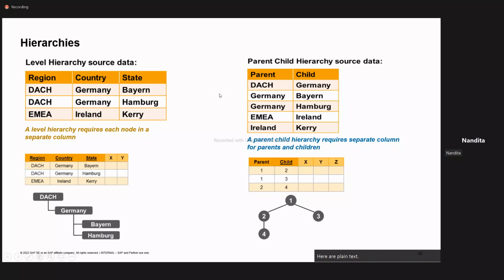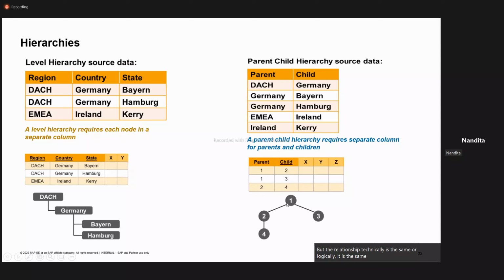The same data set, if defined as a parent-child hierarchy, will only have two columns, parent and child. And here, the country, state, and region are defined as the parent and child of each other. When we define this kind of hierarchy, we usually do it using some key values. So you can see that 1, 2, 3, such numbers are mentioned, but the relationship is technically, or logically, the same.